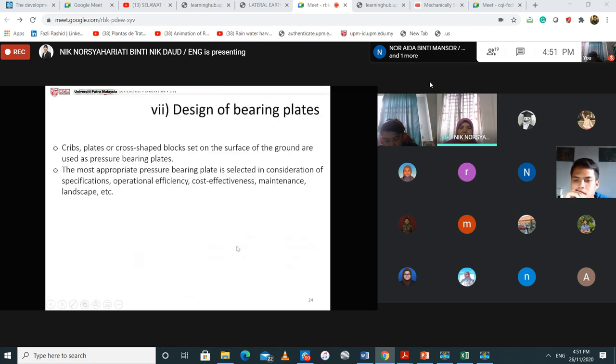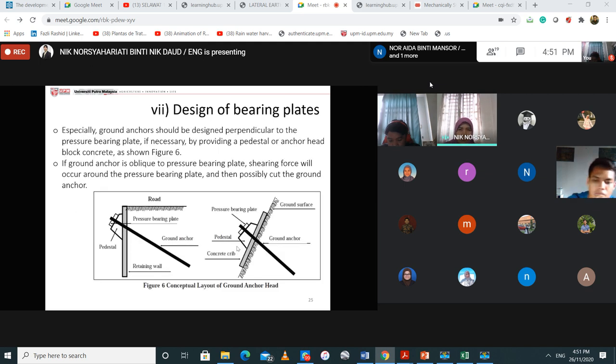Okay? Right. Then last is the design of bearing plates. The bearing plates also need to be designed. Or else it will be wasted, no matter how much length you have, if those bearing plates still cannot cope with your design of the ground anchors itself, right? So for the design of it, if you look at here, there is also a conceptual layout for it, either for the road application.